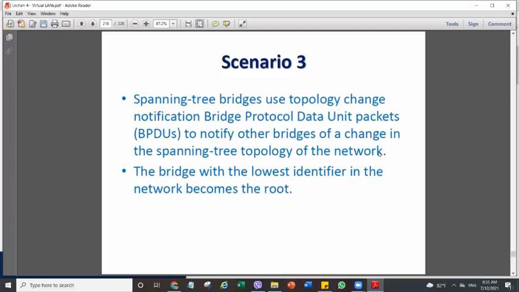Spanning tree bridges use topology change notification BPDU packets. Topology changes are updated through the BPDUs to notify other bridges of a change in the spanning tree topology of the network.